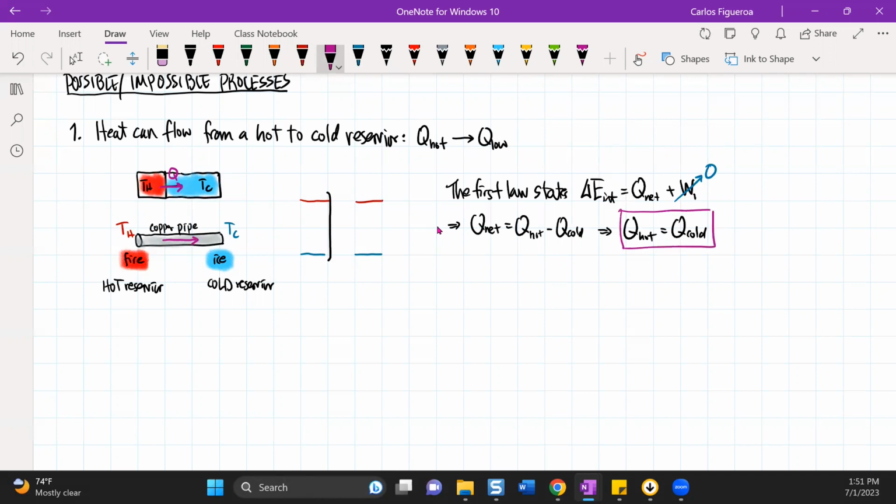So what does it look like on a transfer diagram? That means here that all of the heat, and by the way, I should be drawing my system right here. The purple here represents the copper rod. So then that means that the heat coming out of the hot reservoir all flows into the cold reservoir coming out.